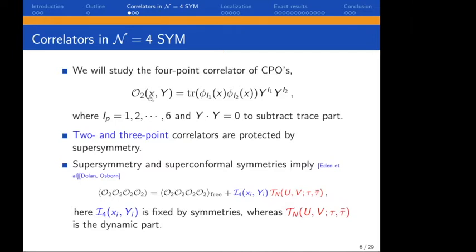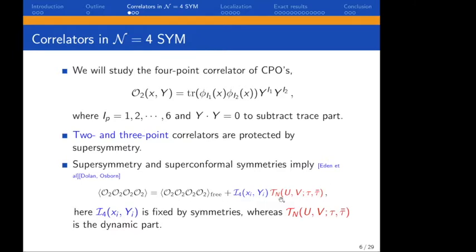In particular, the 2-point and 3-point correlators of this operator are protected by supersymmetry, in the sense that they are computed by Wick contraction. So things become interesting, or the first non-trivial case is where we have 4-point correlators, and it's convenient to write these 4-point correlators into a free part, which is again computed by Wick contractions.